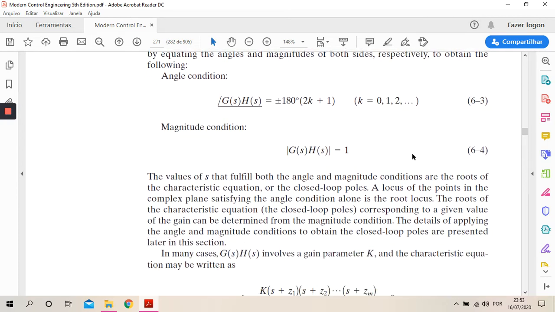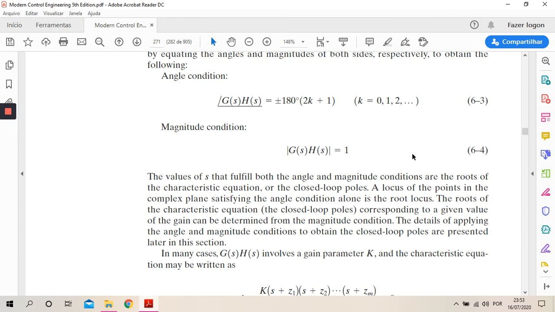Then, the angle condition: the angle of G(s)H(s) has to be equal to plus or minus 180 degrees times (2k + 1), where k is 0, 1, 2, 3, etc. And the magnitude condition is that the absolute value of G(s)H(s) has to be equal to 1.